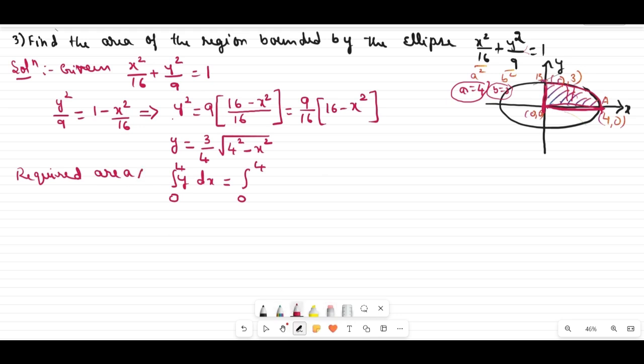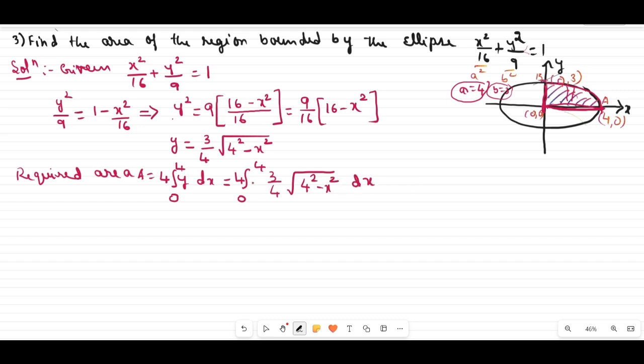Required area A is equal to 4 times, apply the y value: y is 3 by 4 into root of 4 square minus x square with respect to x.